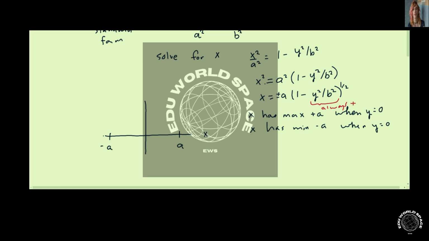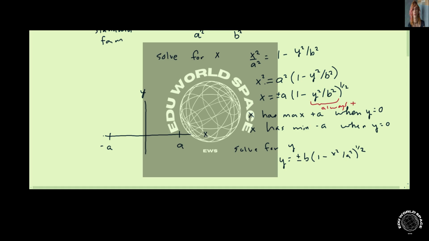We could do a very similar thing for the y values as well. If we solve for y, I don't need to go through all those steps again, but we have y is equal to plus or minus b times 1 minus x squared over a squared to the 1/2.